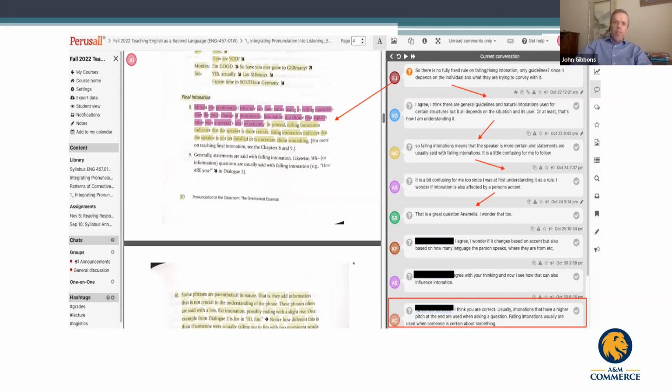This thread ended up being about 13, 14, 15 students that all chimed in to talk about this one topic and pool their resources, pool their knowledge, so they could better understand what this particular point of confusion was for this one student.